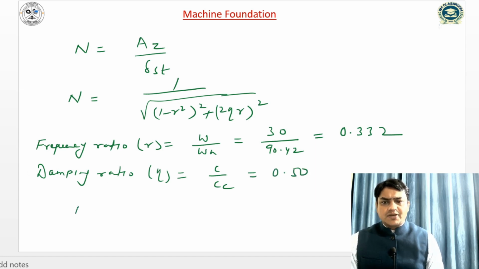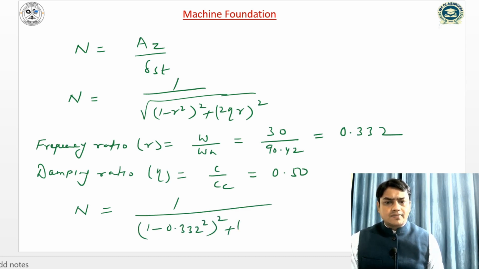So magnification factor can be computed as 1 divided by square root of 1 minus 0.332 whole square, whole square, plus 2 into 0.5 into 0.332 whole square.